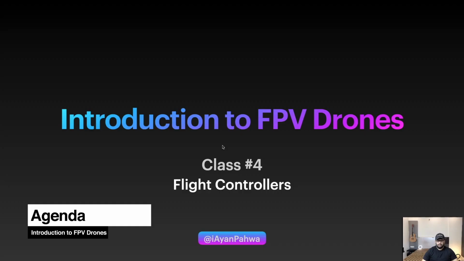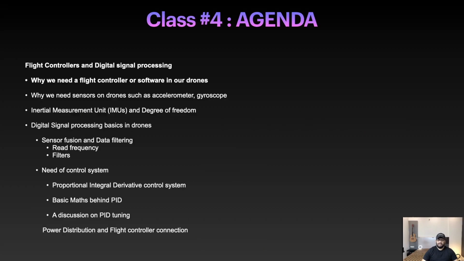Alright, so we are on the computer screen and let's begin with today's class, class 4 on flight controllers. The agenda for today's class is this. We will be talking about flight controllers and digital signal processing. Why do we actually need a flight controller? Why can't we just connect four motors and four propellers and let the drone fly? Why do we need computation?